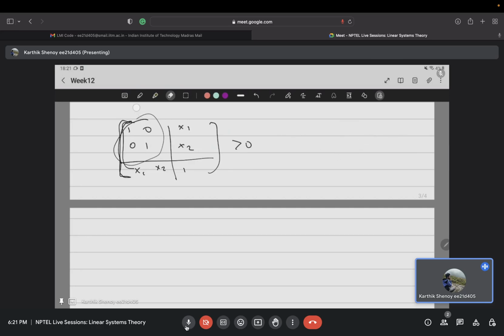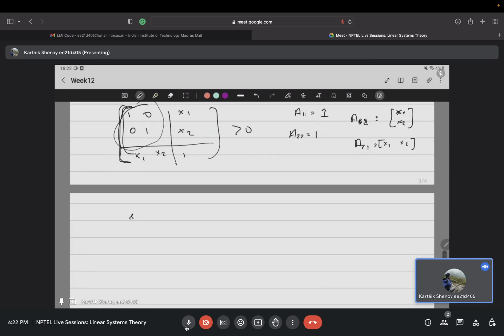So instead, if I have Schur complement, it is easier. So I will call this A11 is the identity matrix, A22 is equal to 1, A12 is x1, x2, and these need not be square. A21 is x1, x2.